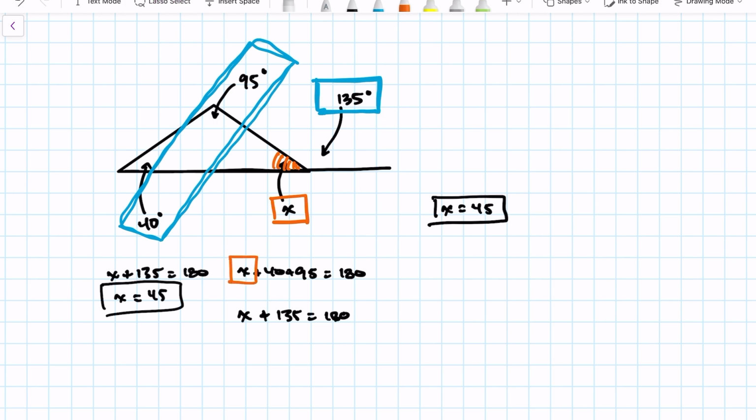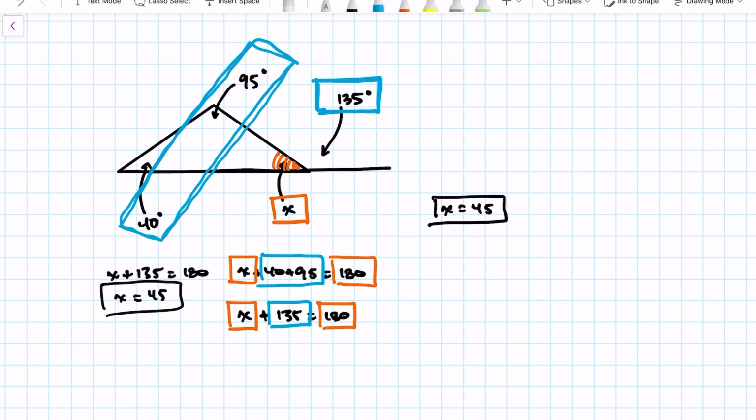You know that the x's are both similar, but also you know that the 180 is similar. So because these two are similar and you have an addition question, therefore these other numbers inside, whatever is left, must also be similar to each other.